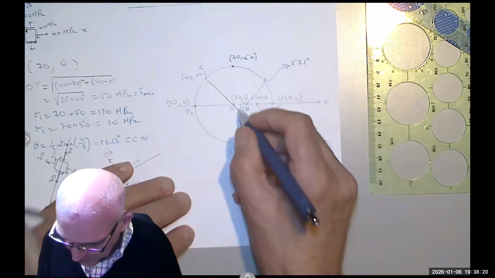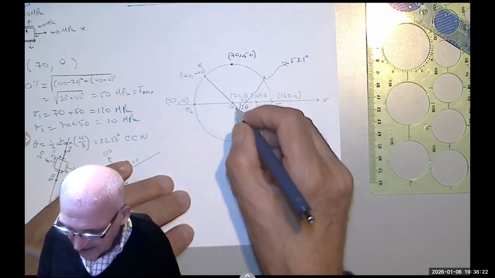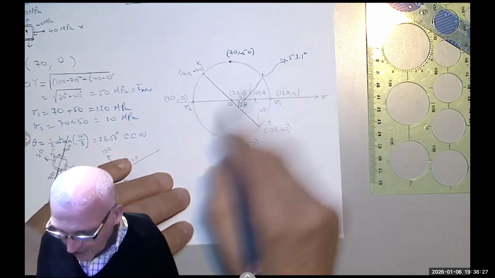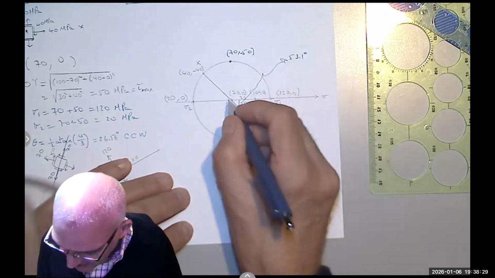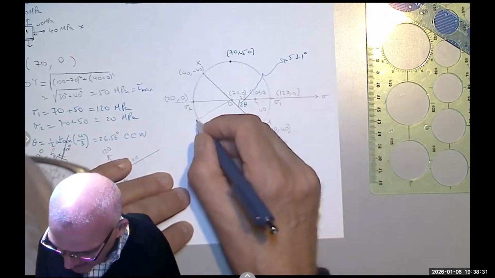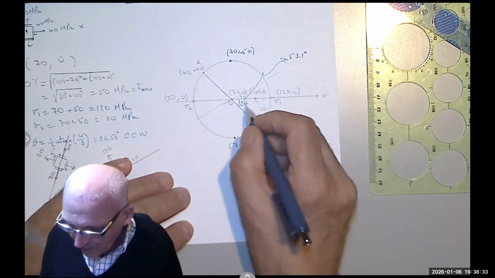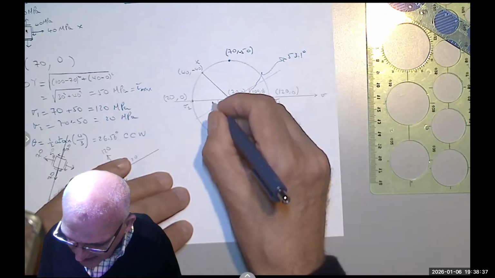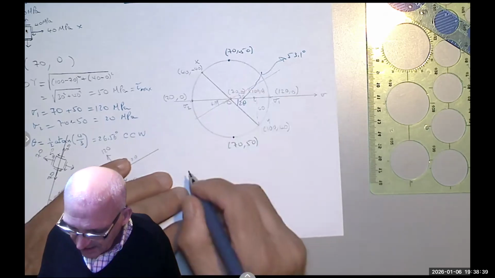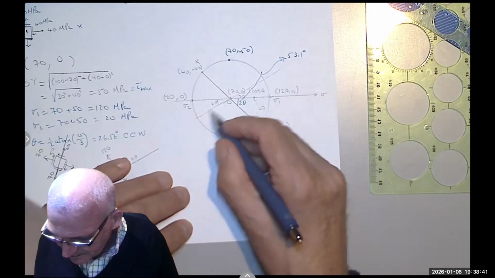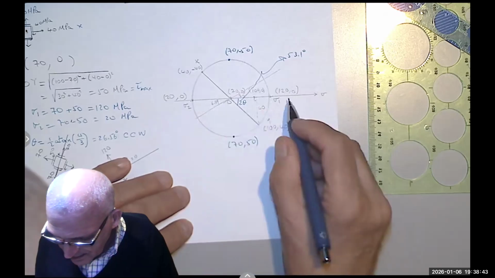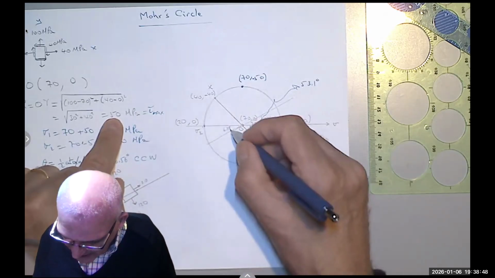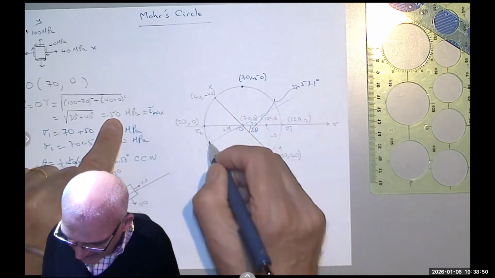Meaning, if I want to rotate 60 degrees counterclockwise, meaning 120, I will go to 173.1, and I will get something like that, where this angle is 173, meaning this angle would be 6.9 degrees. If I know this is 50, we said it's 50, yes, 50 cosine 6.9 would give me that.